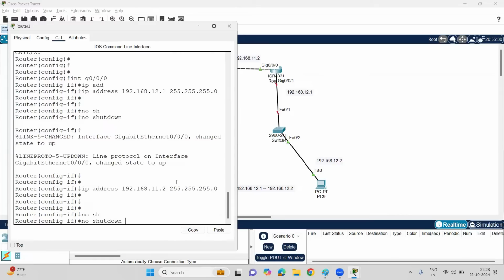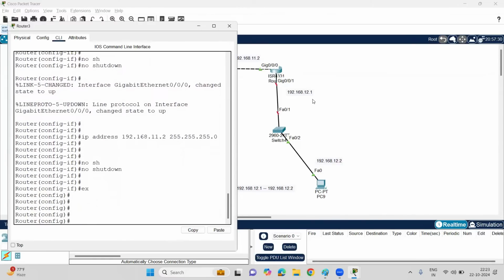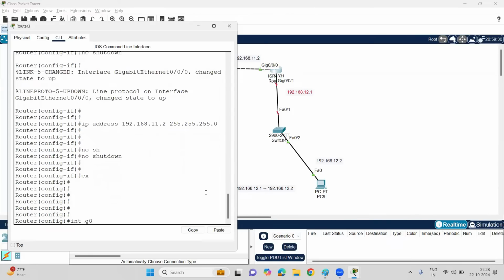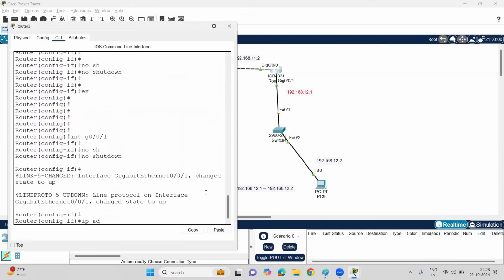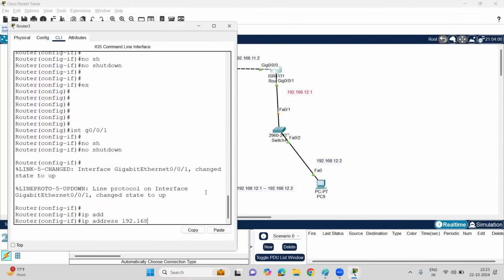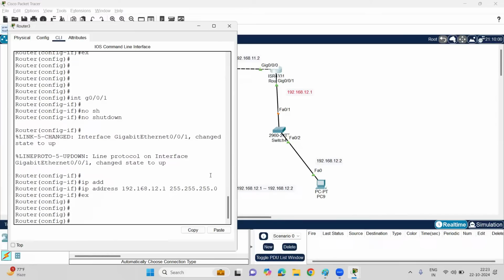No shutdown, so it will be turned up. Now provide the IP address to this interface, G0/0/1. No shutdown. The IP address will be 192.168.12.1 and 255.255.255.0. So we have just provided the IP addresses over here.